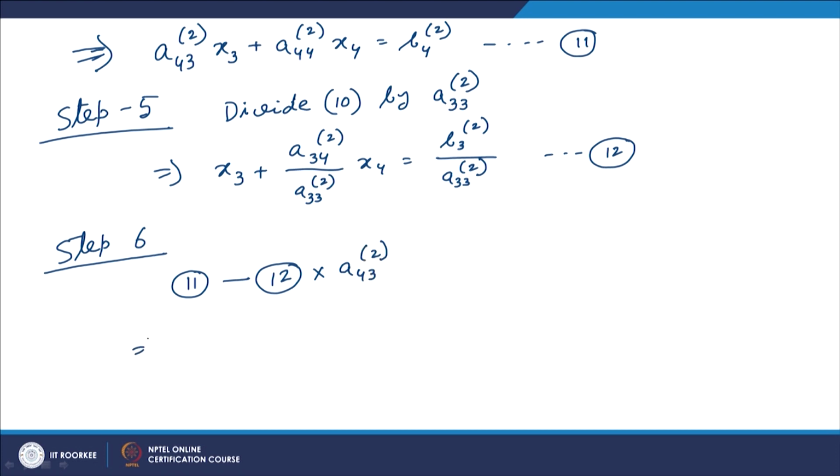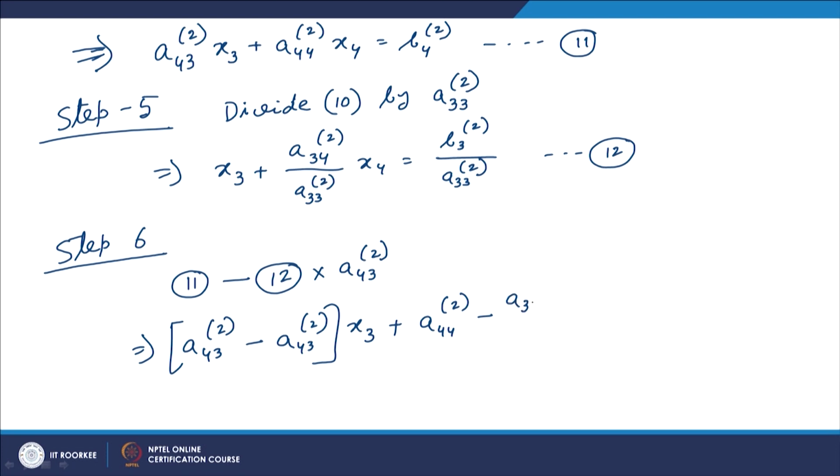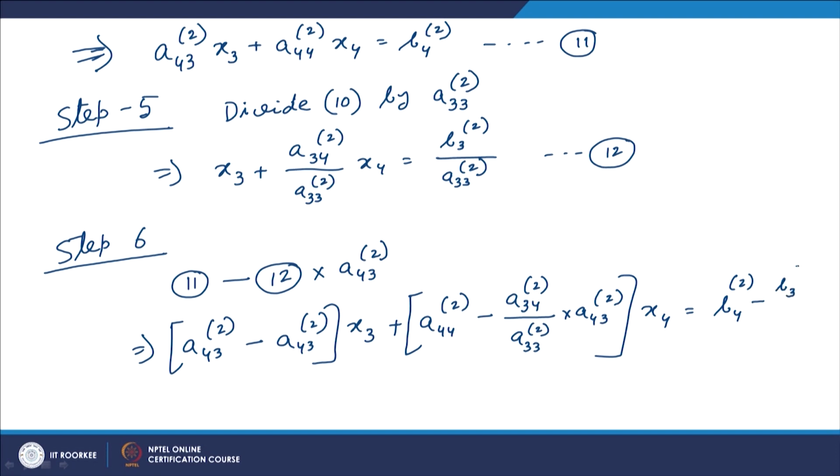So, what we get is A432 minus A432 into x3 plus A442 minus A342 by A332 into A432, this is x4, that would be equal to B42 minus B32 by A332 into A432.